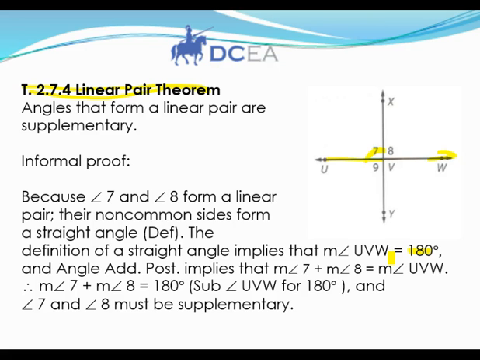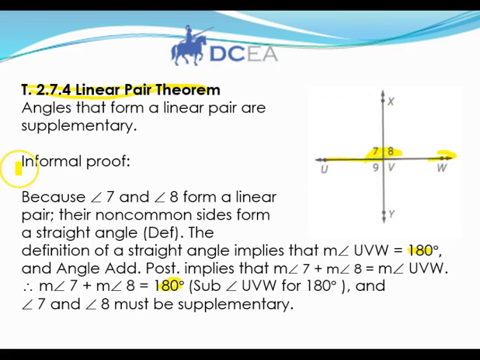And the angle addition postulate implies that the measure of angle 7 and the measure of angle 8 will equal the measure of angle UVW. Therefore, the measure of angle 7 and measure of angle 8 equal 180 degrees.